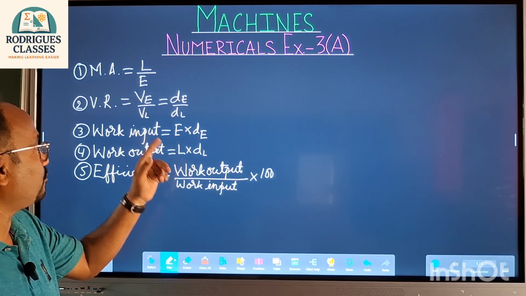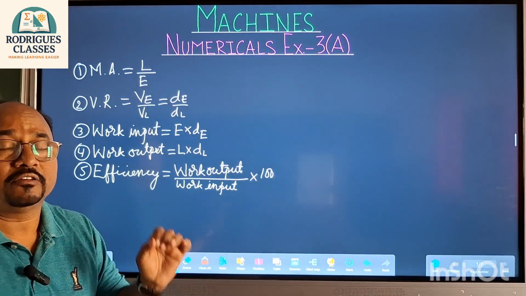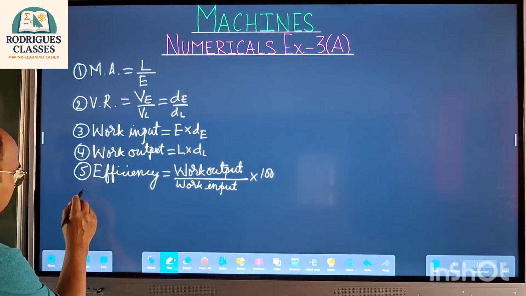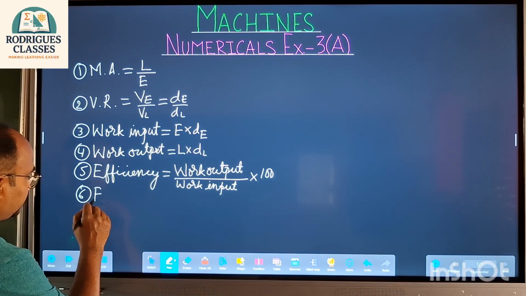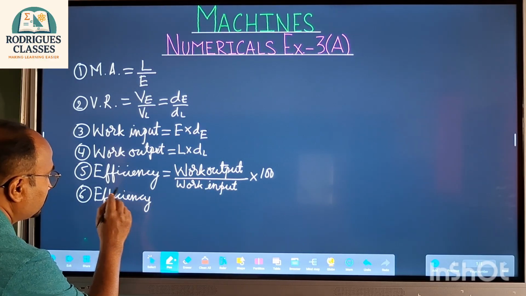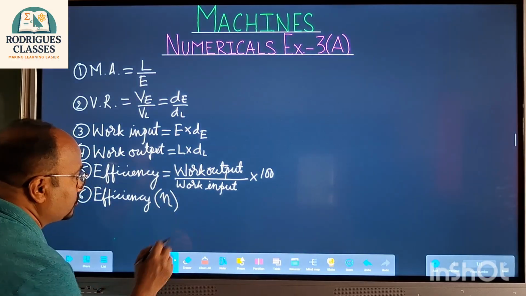By using the work output and work input formulas here, and those of mechanical advantage and velocity ratio, we come to another formula for efficiency. I am writing here the symbol of efficiency also.